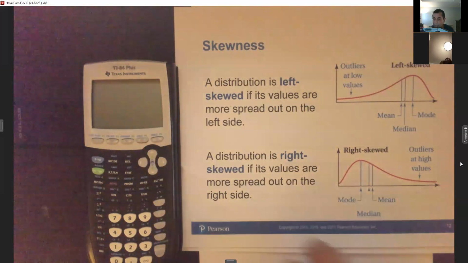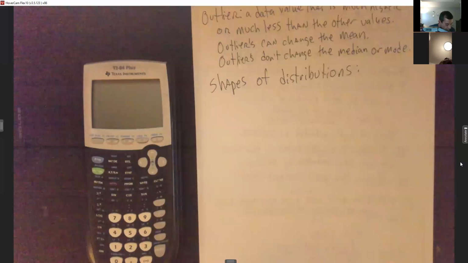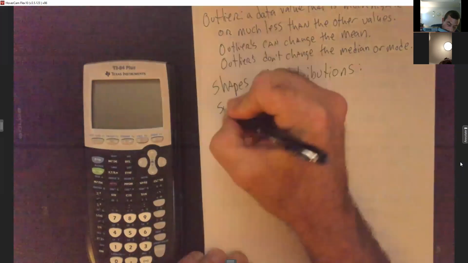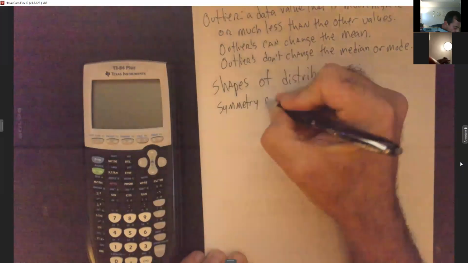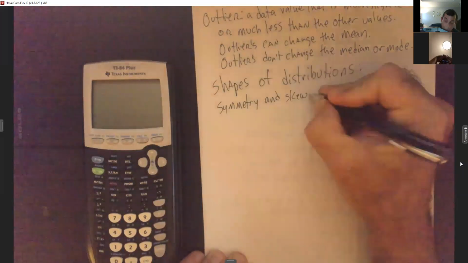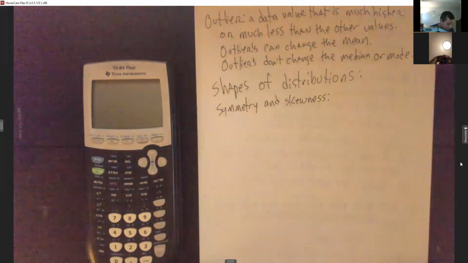All right, then I'll actually write what some of this is saying for us, okay? All right, so on your symmetry and skewness. Never knew skewness was a word until this class, y'all.